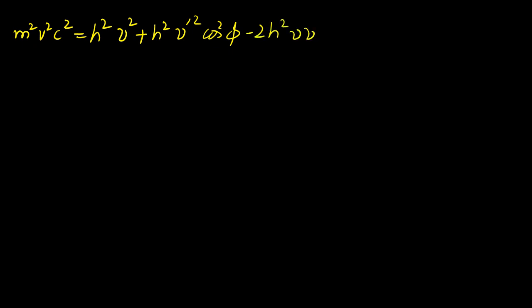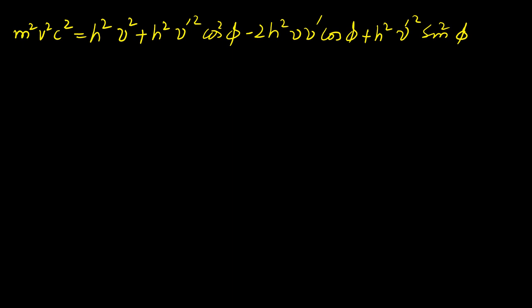m square v square c square is equal to h square nu square plus h square nu prime square cos square of phi minus 2h square nu prime cos of phi plus h square nu prime square sine square of phi.